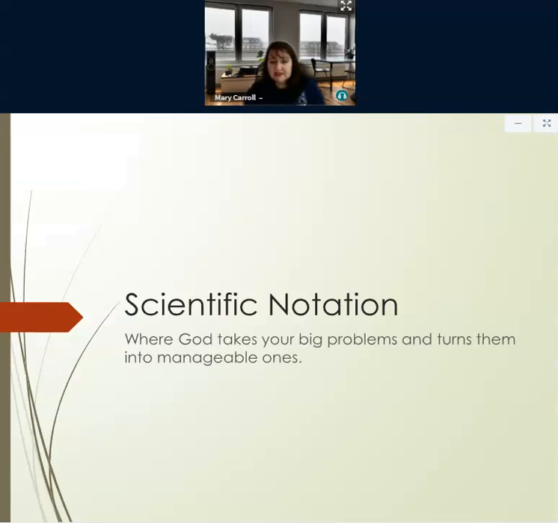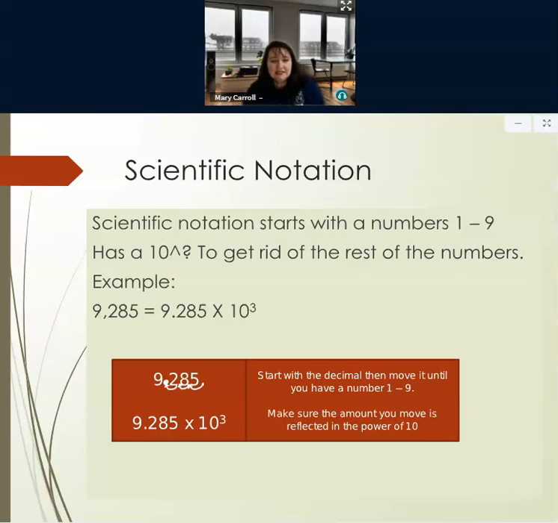Okay. So let's talk about scientific notation a little bit, where God takes big problems and turns them into manageable ones. Alright, so scientific notation is a way that scientists take big numbers or very small numbers and create easier ways to read them. They're smaller to read. Your calculator is a good example of writing in scientific notation.